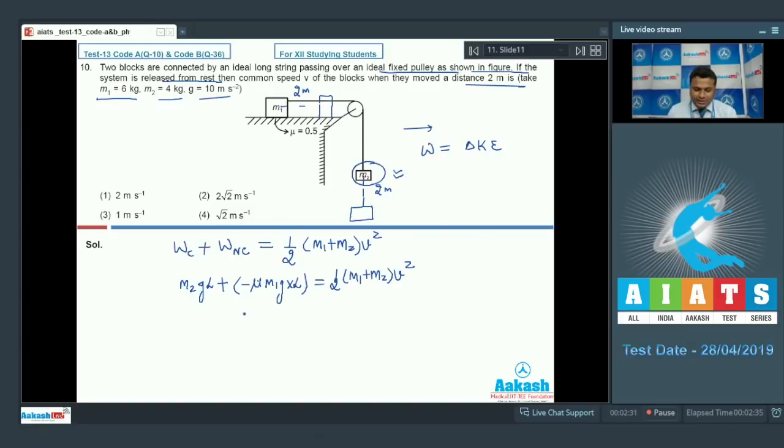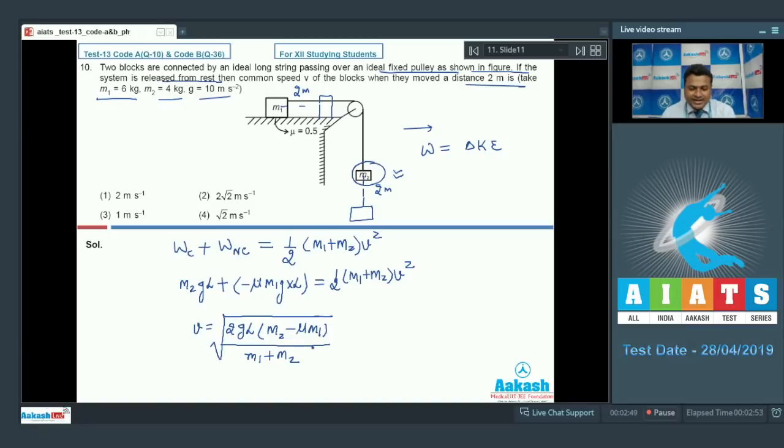Now solving it, we get the value of v as under root of 2 g L (m2 minus mu m1) whole divided by (m1 plus m2).